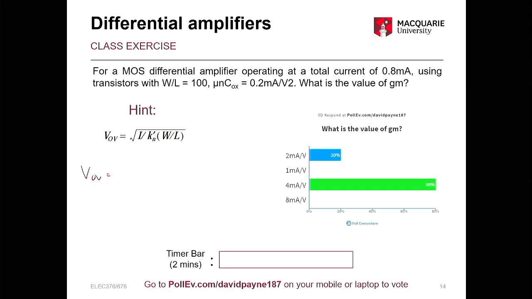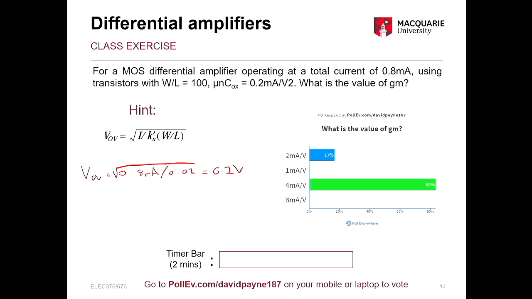So that's going to be our total current, 0.8 milliamps, divided by 0.02 all square rooted, so that 0.02 is just 100 times the 0.2 milliamps per volt squared. So that part's going to equal 0.2 volts.